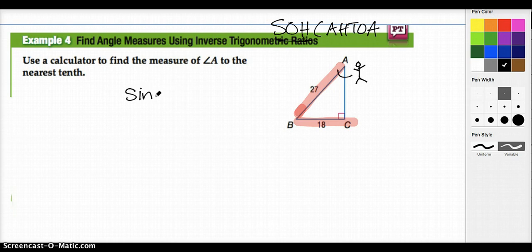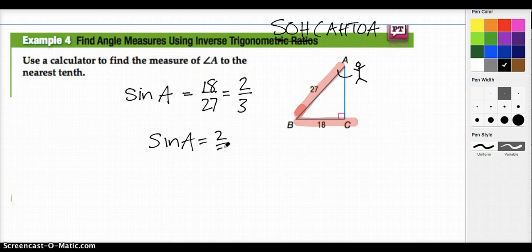The sine of angle A, which is what we're looking for, is equal to opposite over hypotenuse, 18 over 27. Of course, I can reduce that. It's really 2 over 3 because 9 divides into both of them. And remember, since it's a ratio, it's definitely reducible. You could have left it as 18 over 27, but I'm being a bit of a nerd today. So sine of A is equal to 2 over 3.